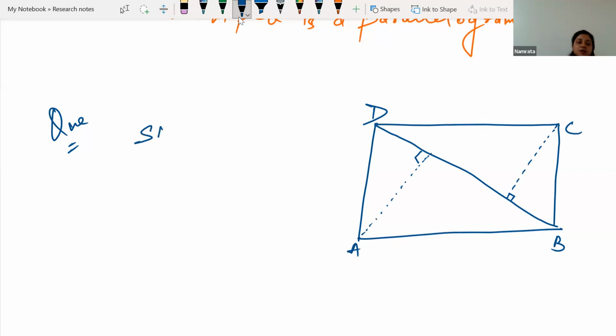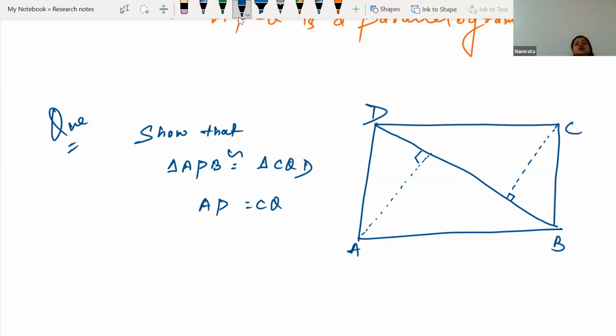We have to show that triangle APB is congruent with triangle CQD. Let's see how to prove these two triangles are congruent with each other.